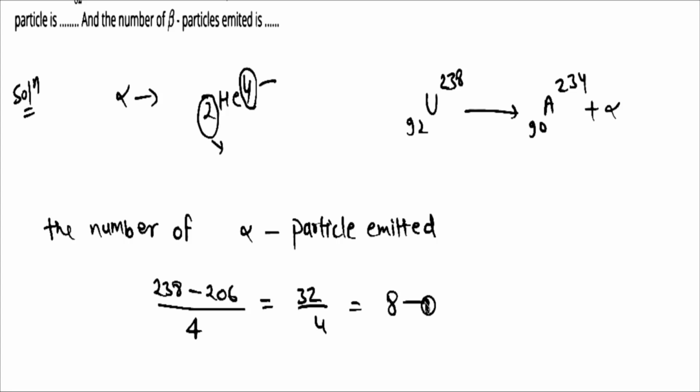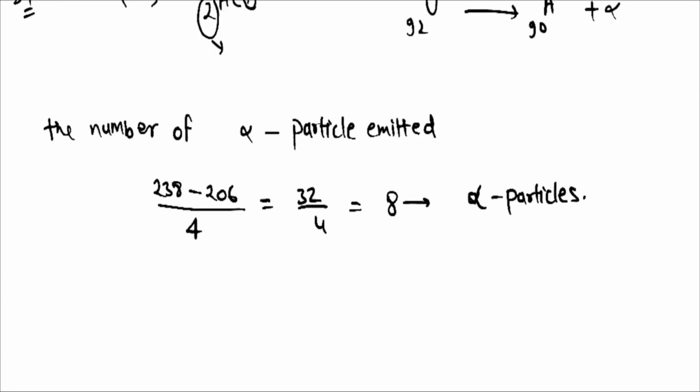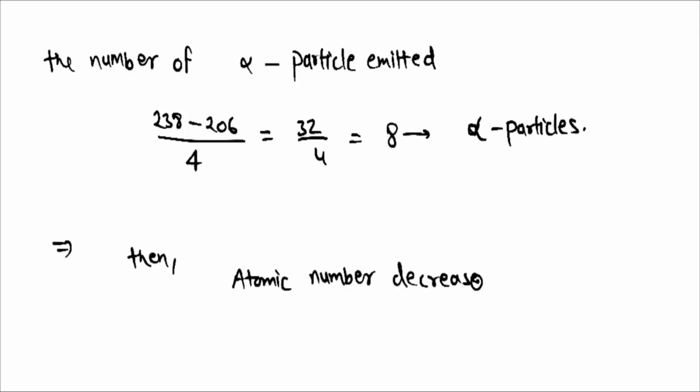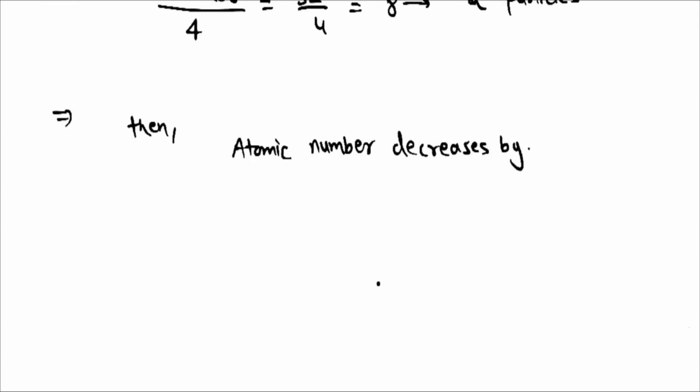So now we have 8 alpha particles. If there are a total of 8 alpha particles, then the atomic number decreases by, as I told you earlier, whenever an alpha particle is emitted, the atomic number decreases by 2.